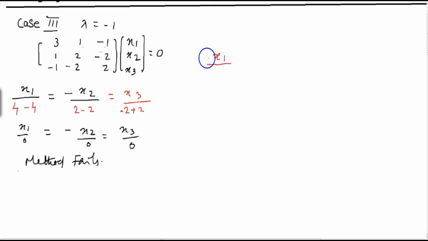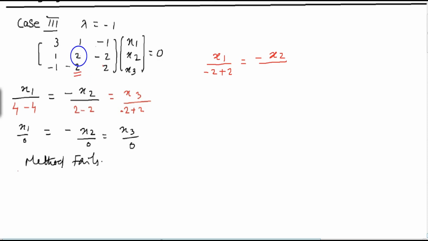Here the minor of a31 is 1, minus 1, 2, minus 2. And after cross multiplying, we get minus 2 plus 2 equal to minus x2 by minor of a32.